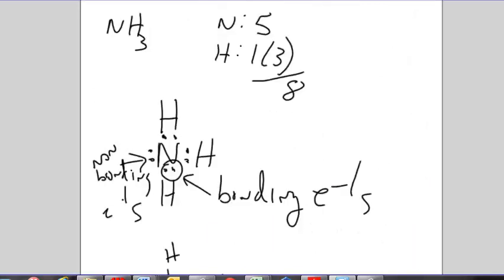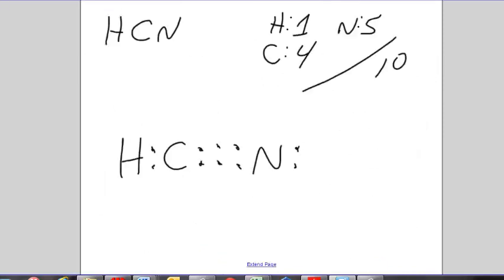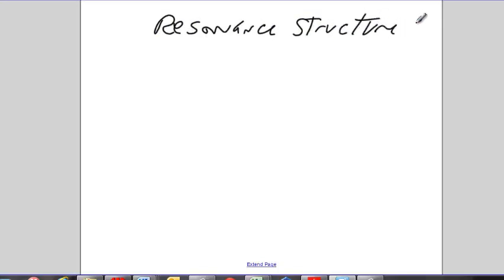Now, the other thing I need to tell you about Lewis dots is something called a resonance structure. Resonance structures. The thing about Lewis dot theory, as a bonding theory, is it's a quote-unquote simple theory. Not that it's easy, but bonding is so complicated that this kind of relatively easy theory just doesn't cover it very well.